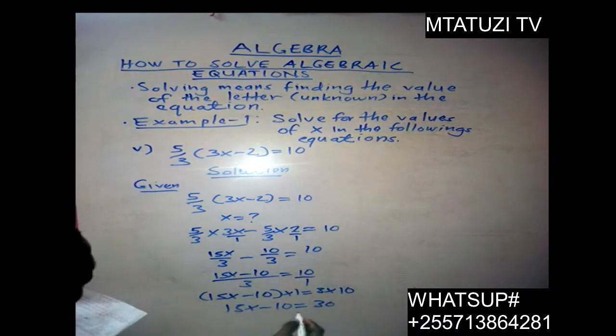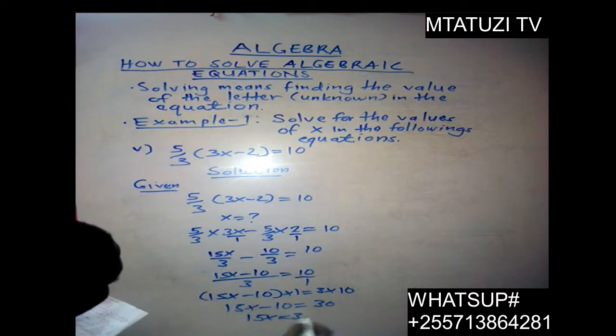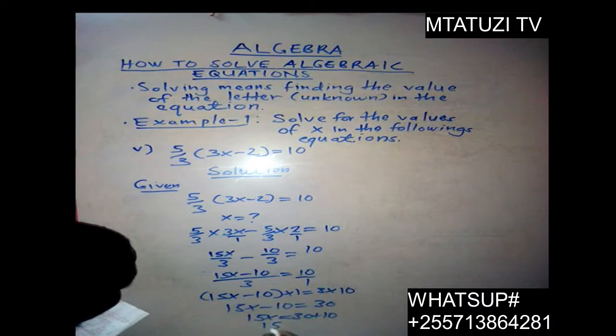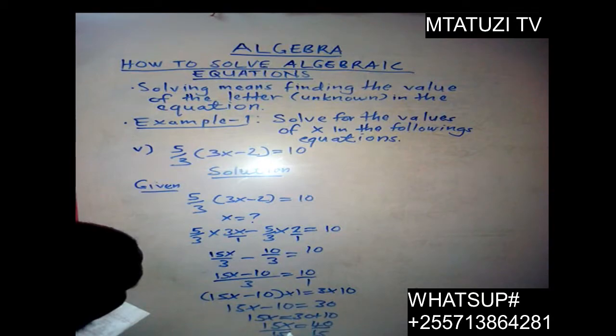So therefore take that 10 to that side. It will remain 15x is equal to 30 plus 10. It will be 15x is equal to 40. So there you have to divide by 15. Therefore by 15, it remains x.